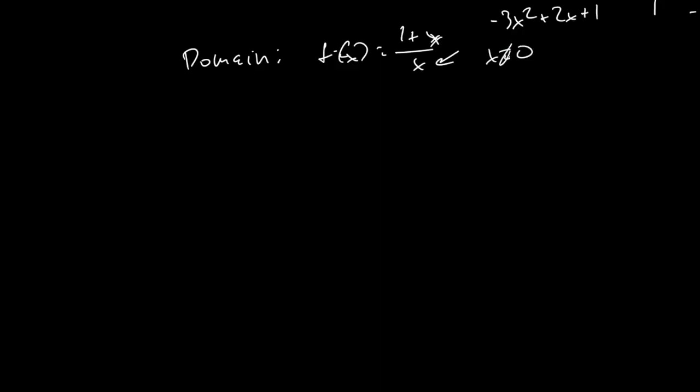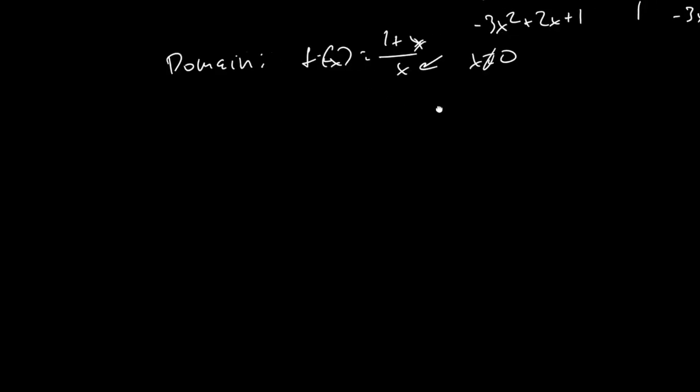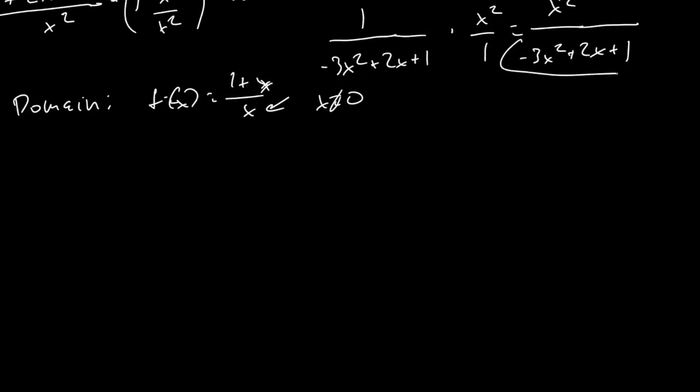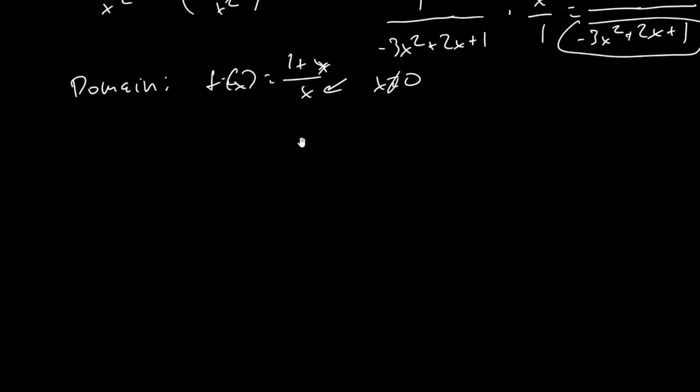So x cannot equal 0 in the final domain. We can also see that g of f of x is undefined when the denominator equals 0. So we set negative 3x squared plus 2x plus 1 equal to 0, and we solve this.